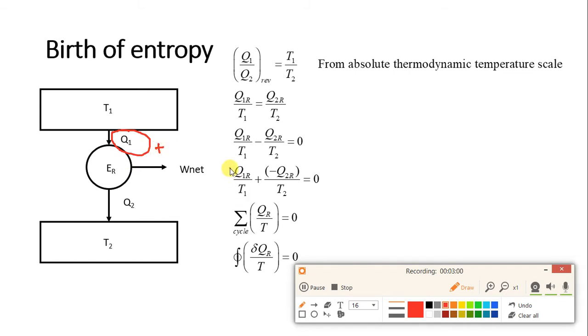That is why you see a positive sign here. Then in between I have again taken a positive sign, and this negative sign, if you see the engine, this Q2 heat is rejected from the engine, so this will be negative. Instead of showing negative at the center, I am making it positive and showing the negative sign over here.